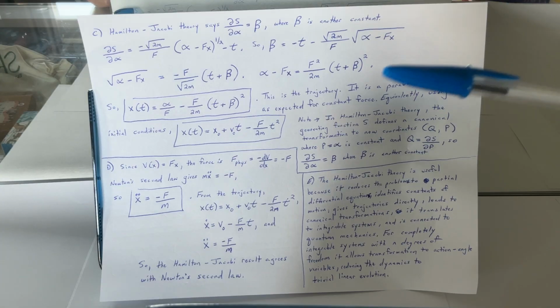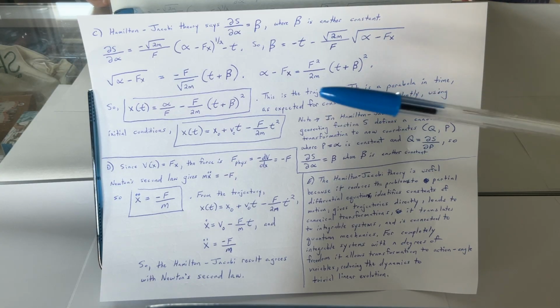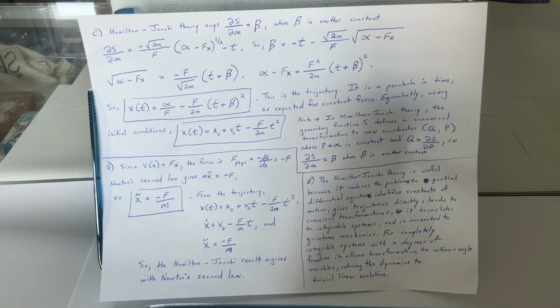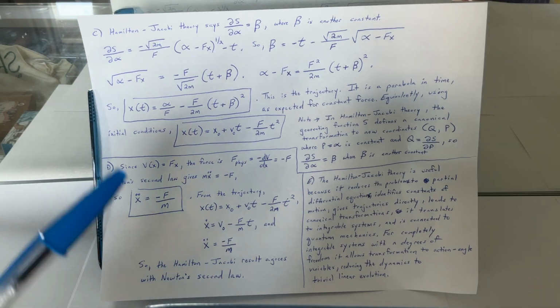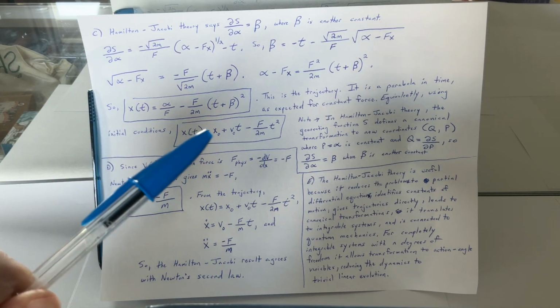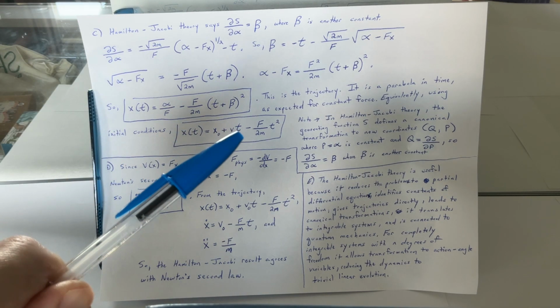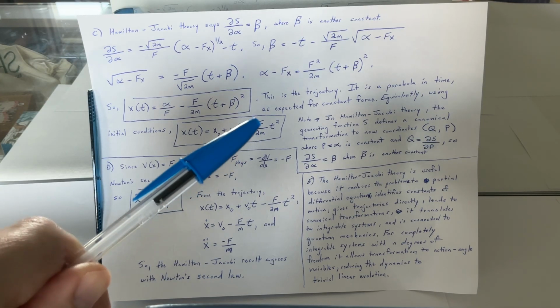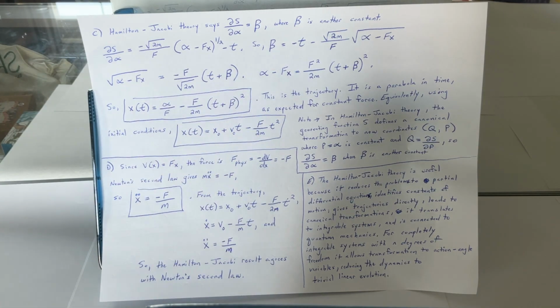We could say this is the trajectory, and it is a parabola in time as expected for a constant force. Equivalently, using initial conditions, x(t) = x₀ + v₀t − (F/2m)t².